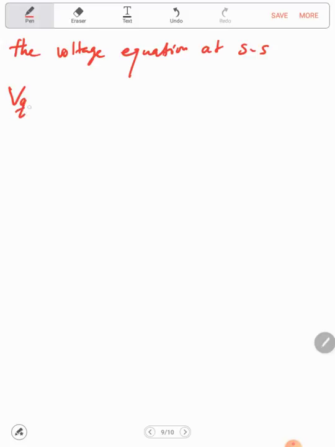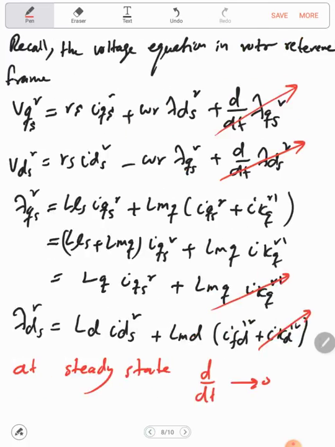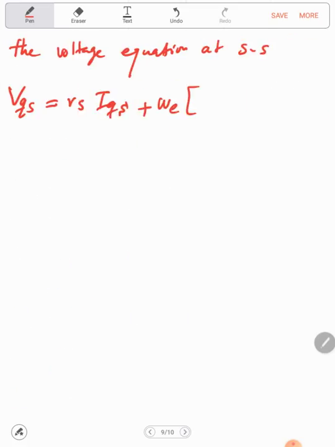So VQS will equal RS IQS plus omega E, and instead of lambda ds I will use LD IDS plus LMD IFD, and there is no damper winding. So this will be the LDS IDS plus LMD IF.